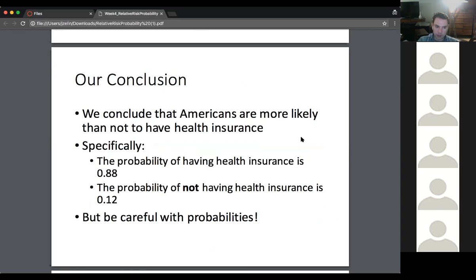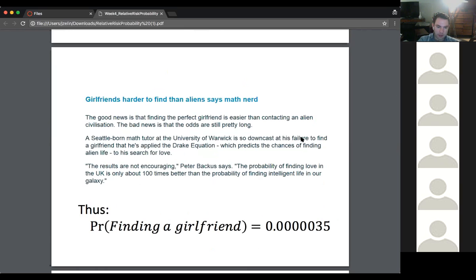But be careful with the probabilities. This is just a funny example: there was a statistician in England, born in Seattle, who tried to calculate the probability of him finding a girlfriend, which he found to be very, very small, much smaller than 1%.